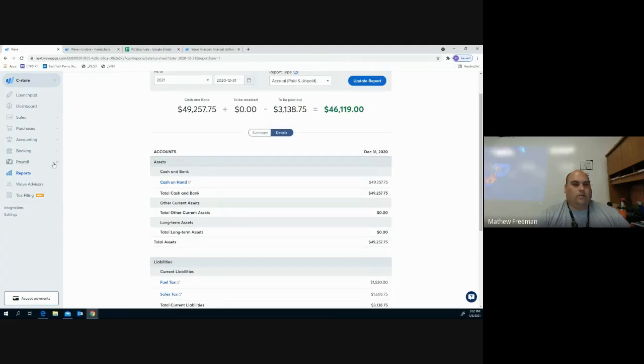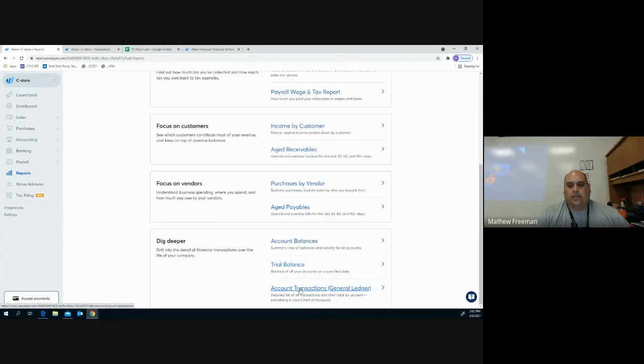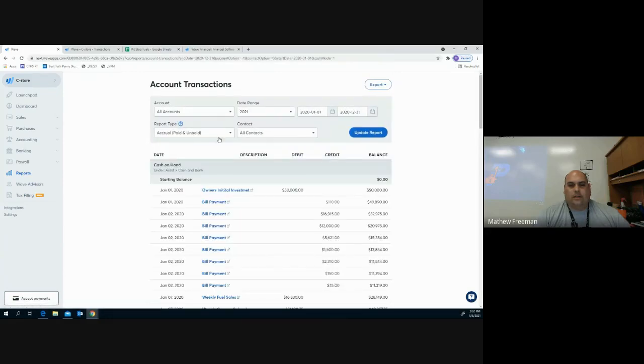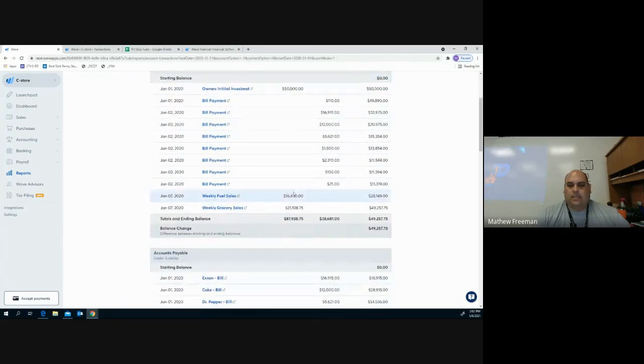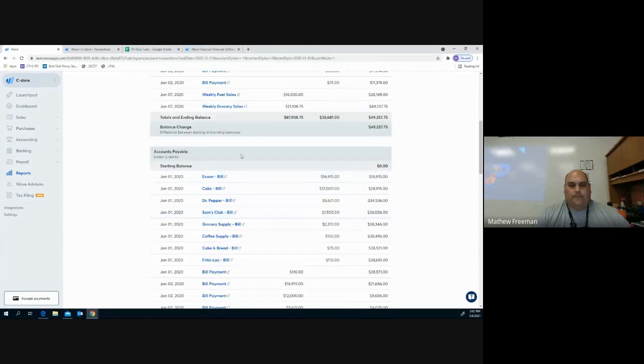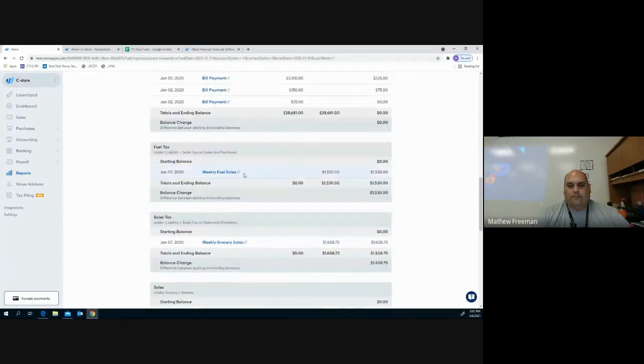If we go, we can pull up one more thing while we show cash flow. We can even come and look at our account general ledger. And we can see our cash on hand, all the transactions that are going on. Okay. We have the initial investment from the owner's investment, to all the goods that we purchased, to our weekly sales of additional income that was added in. Here's our accounts payables. Here's the payments we made for them.